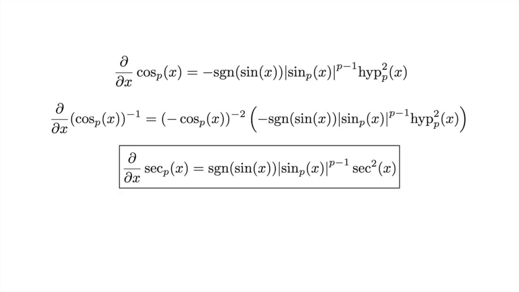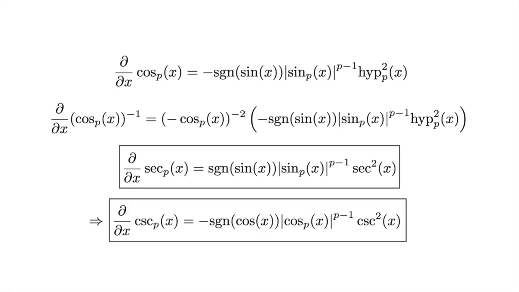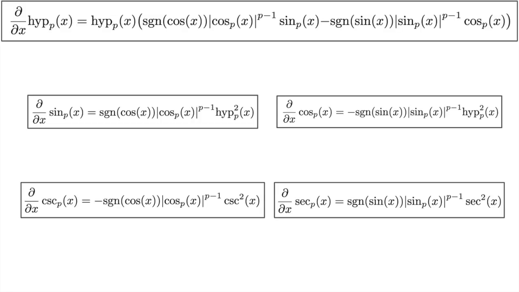After simplification, we get a similar form, this time with the negative height squared becoming a secant squared. Doing the same process, or using reflectivity for cosecant, we get the same as secant, but it's negative, and each trig function is now its complement. And there we have it, our base p trig first derivatives.